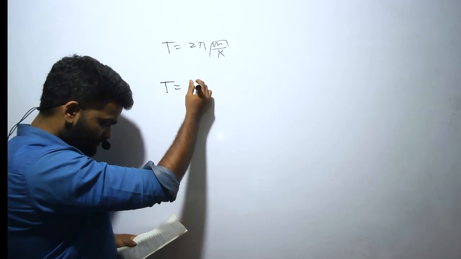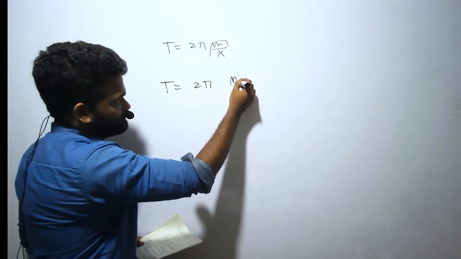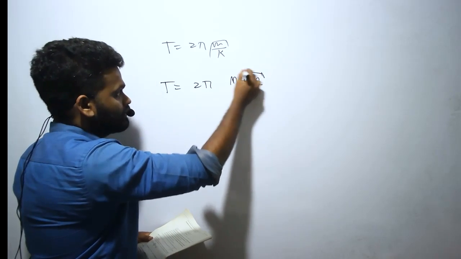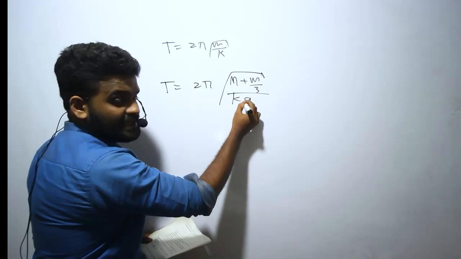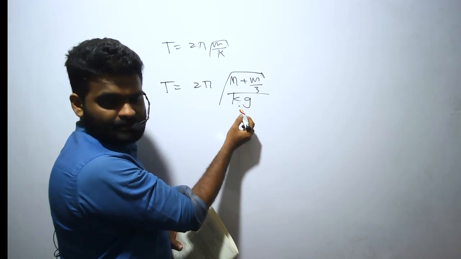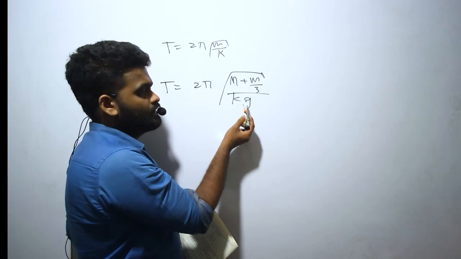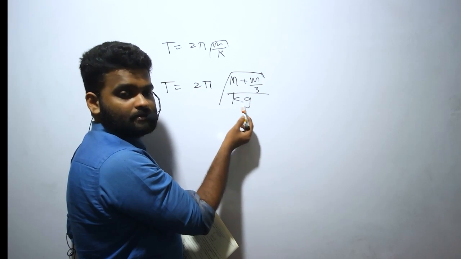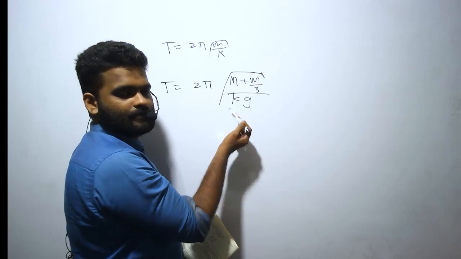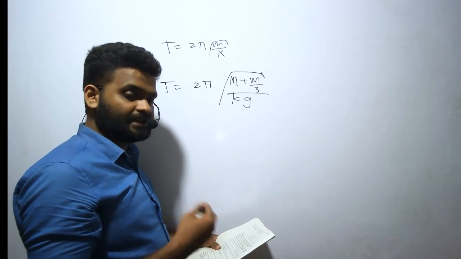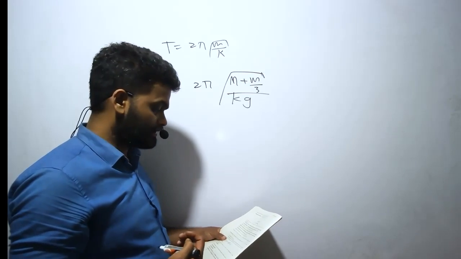Because it is spring constant multiplied by G. Remember, we got the spring constant in kilograms per meter. To make it newtons, you have to multiply by G, right? That's why there's a G here. But you don't have to think about those things. You just take the equation, whatever they say.